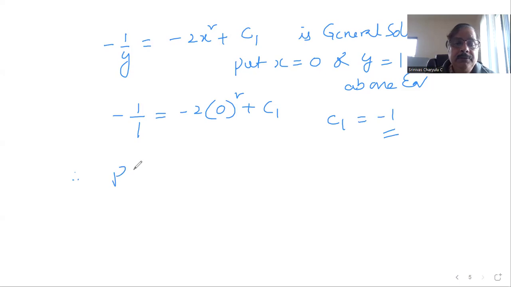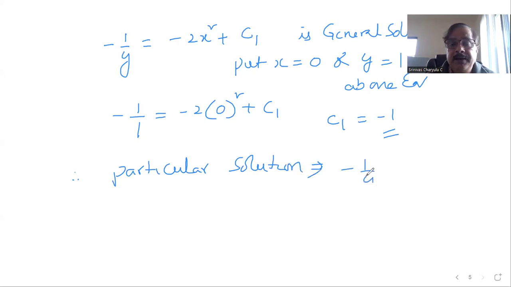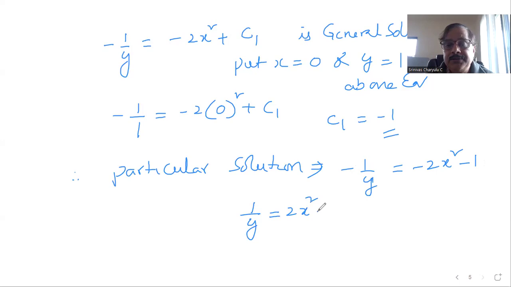Therefore, the particular solution: minus 1 by y is equal to minus 2x square minus 1. So now multiply by minus 1, minus sign all through. 1 by y is equal to 2x square plus 1.